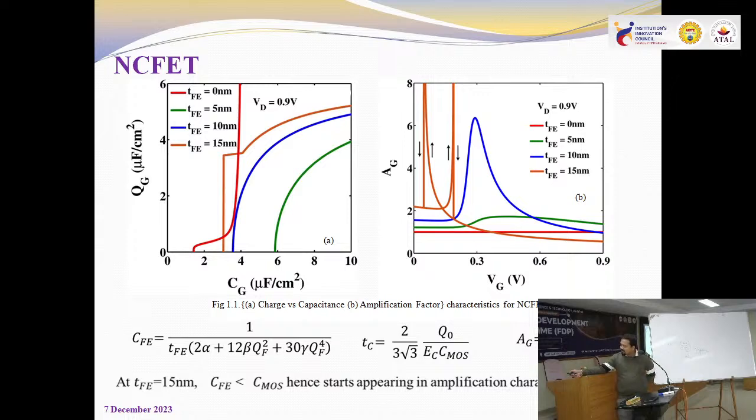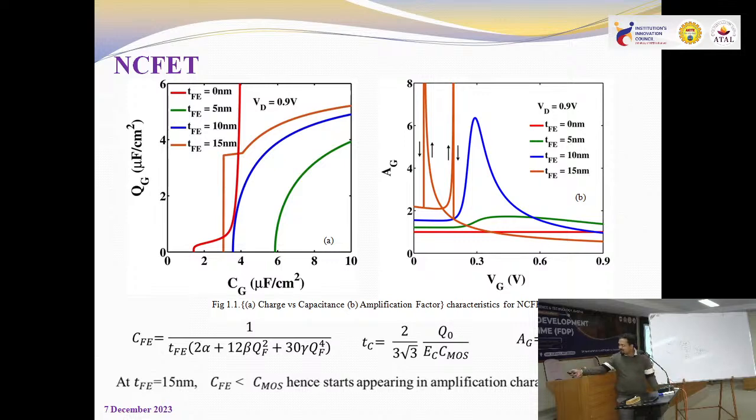Correct? Now let's analyze this particular graph. This graph corresponds to TFE equals 0, which is MOSFET.